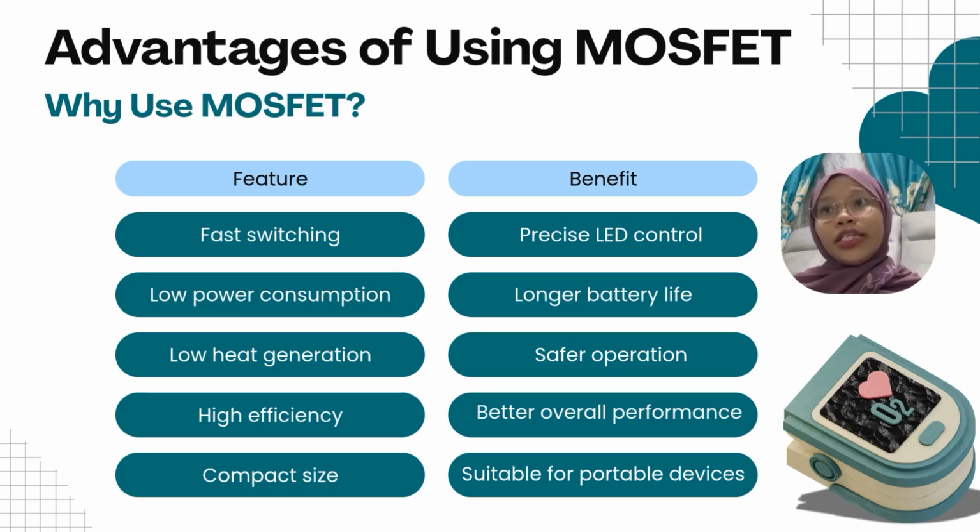Third, they generate very little heat, improving safety and reliability during continuous operation. In addition, MOSFETs are highly efficient and compact, making them suitable for small biomedical devices where space and energy consumption are important considerations. These advantages contribute to better overall performance and longer operating time.